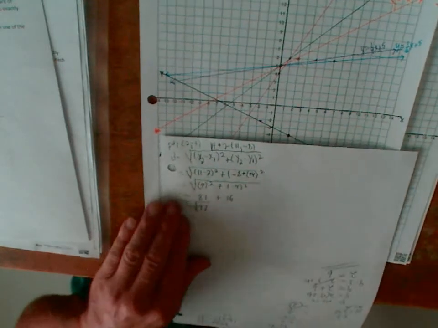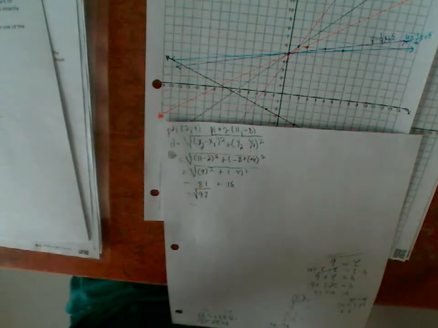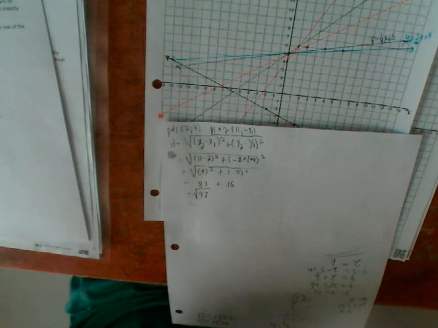We need the square root of that. It's going to be an awkward one. So we're probably going to have to use our calculator. Square root of 97. Mine doesn't turn. I don't have a square root, so why doesn't mine turn? It has to do with that screen.